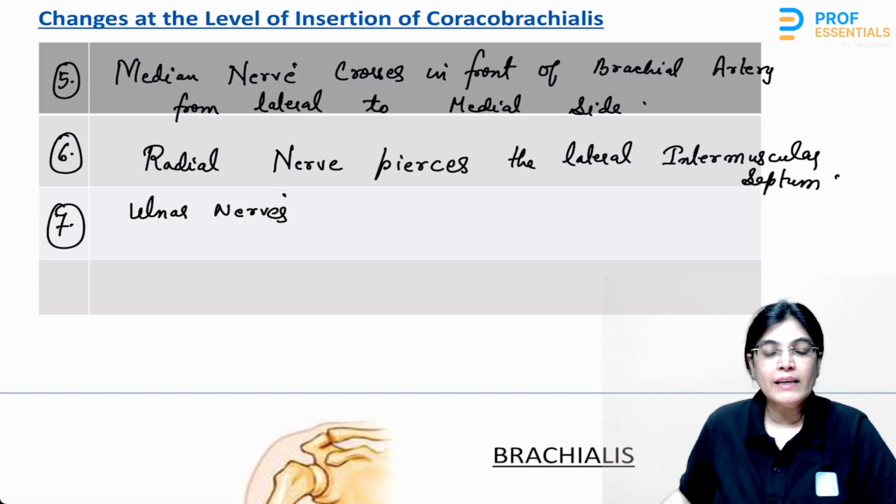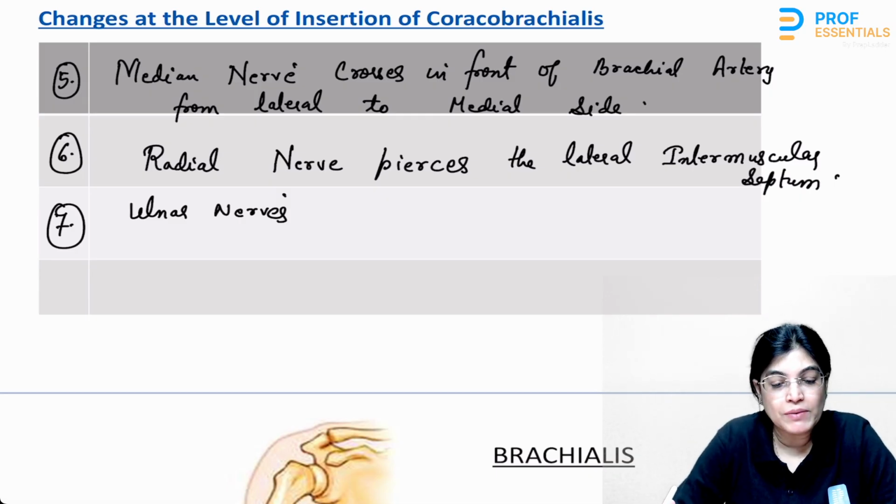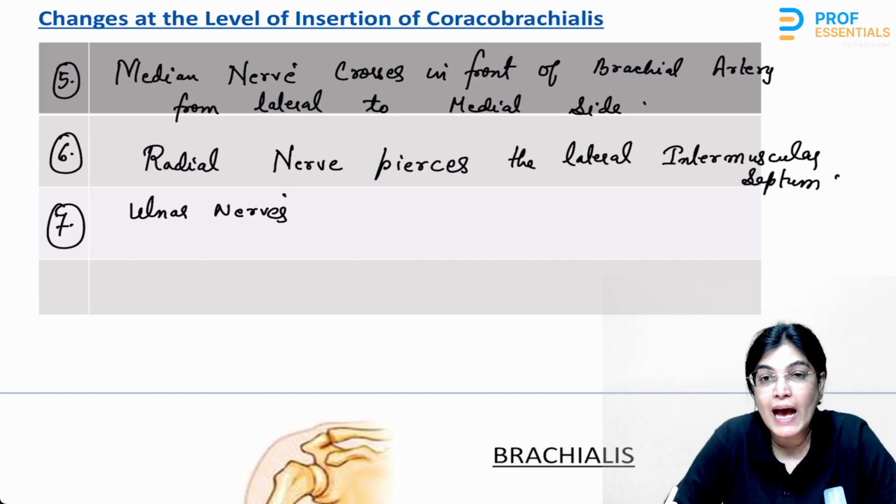That means the radial nerve will pierce the lateral intermuscular septum and pass from the posterior aspect of the arm to the anterior aspect.